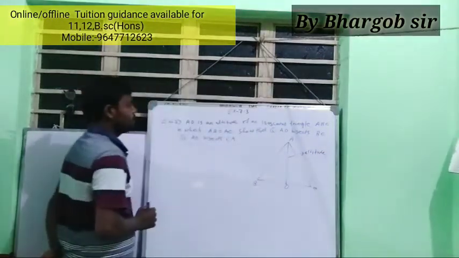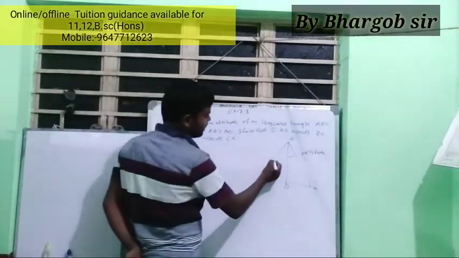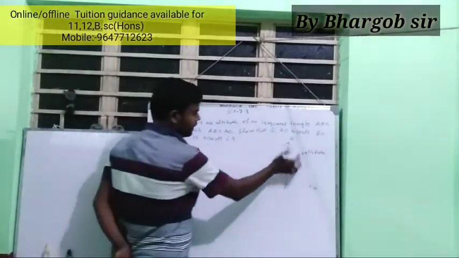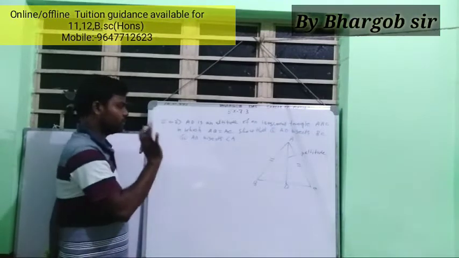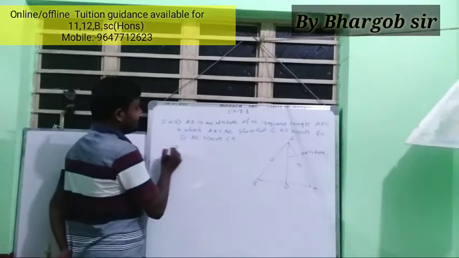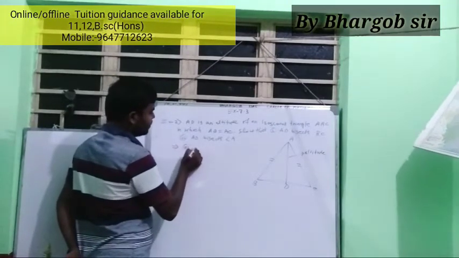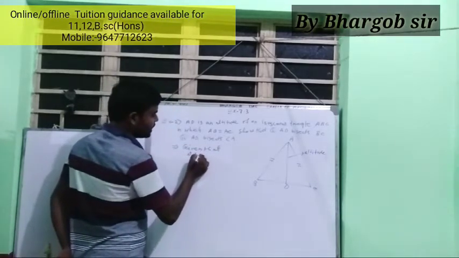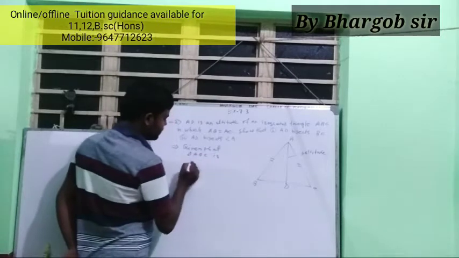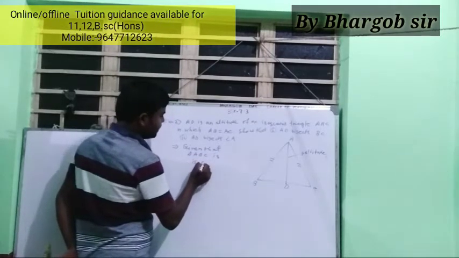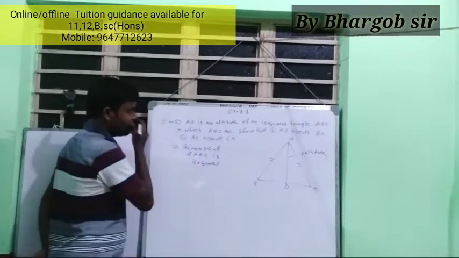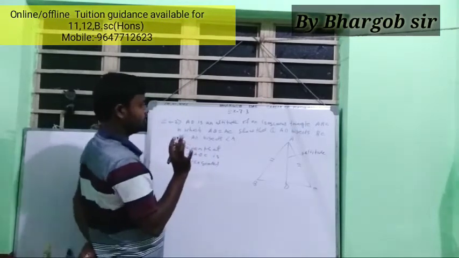This side AB and this side AC are equal. Given that triangle ABC is isosceles.